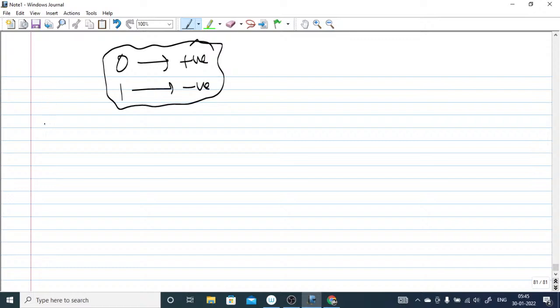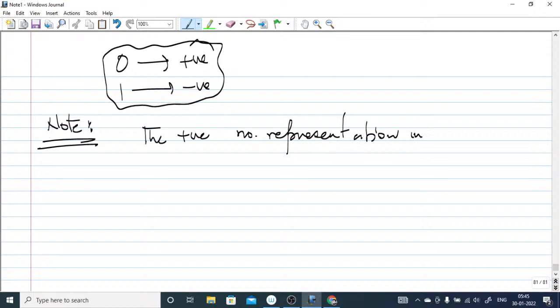Here is one very important note: the positive number representation in the above three forms, sign magnitude form, one's complement form, and two's complement form, is similar.